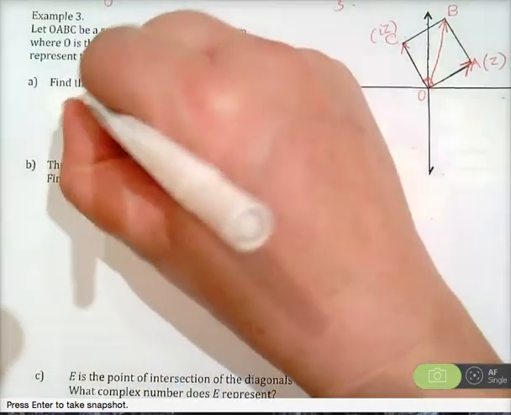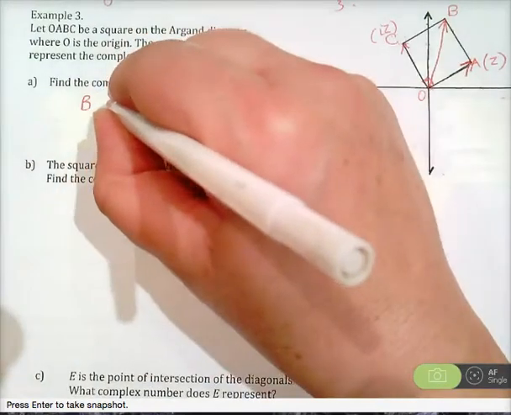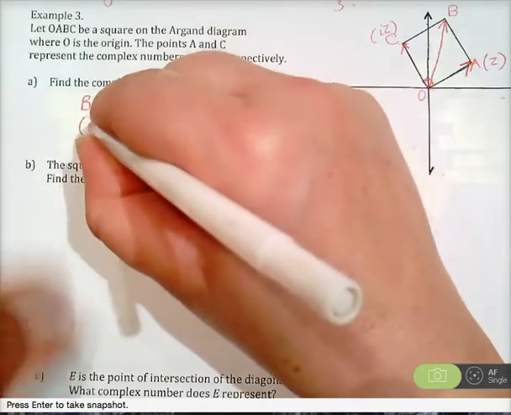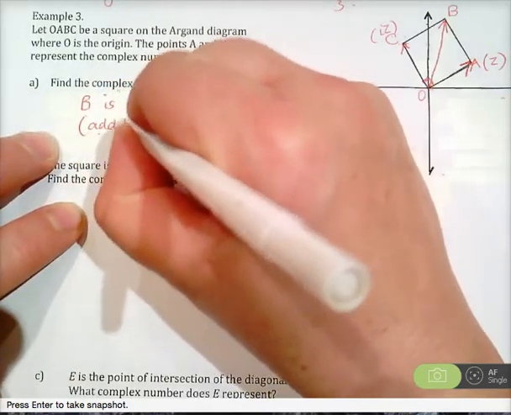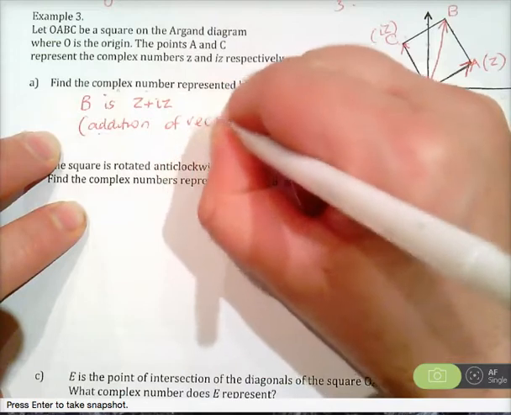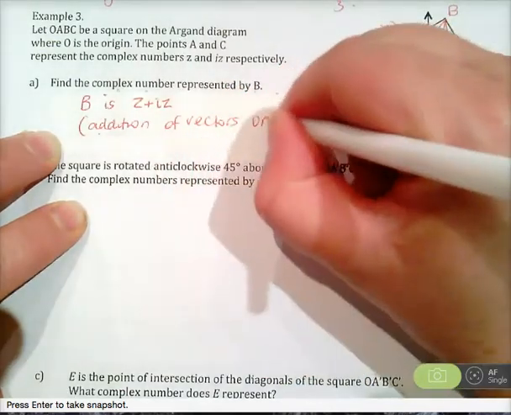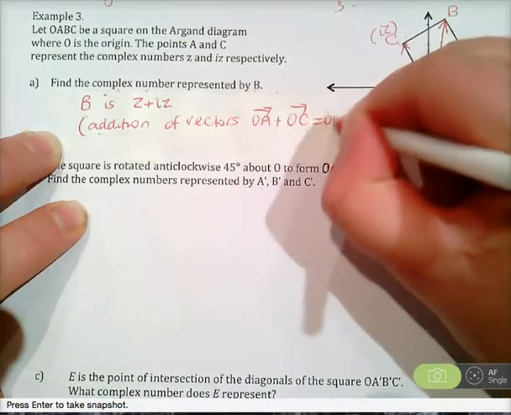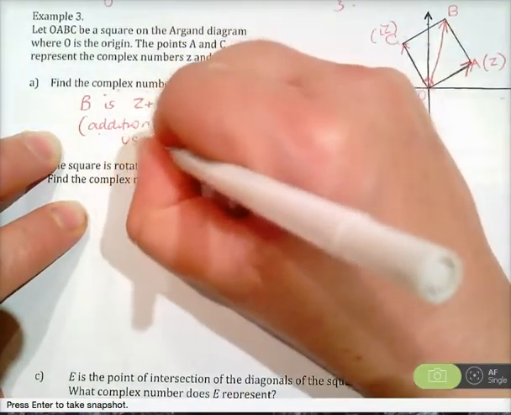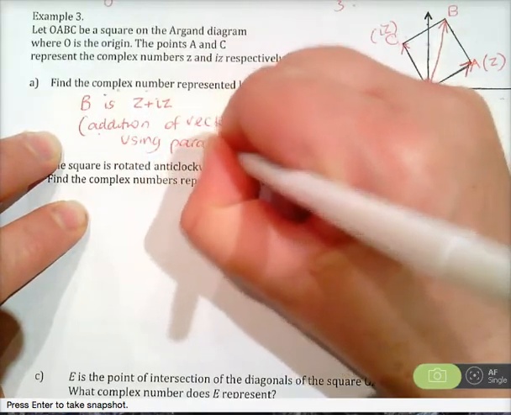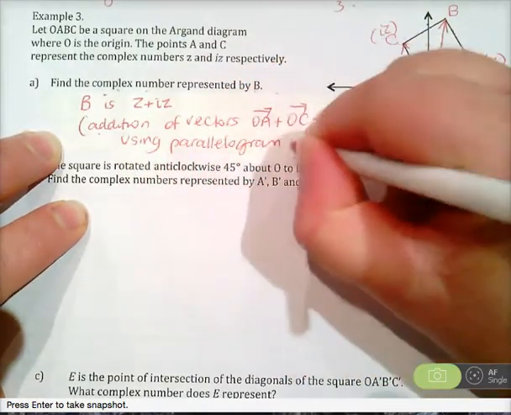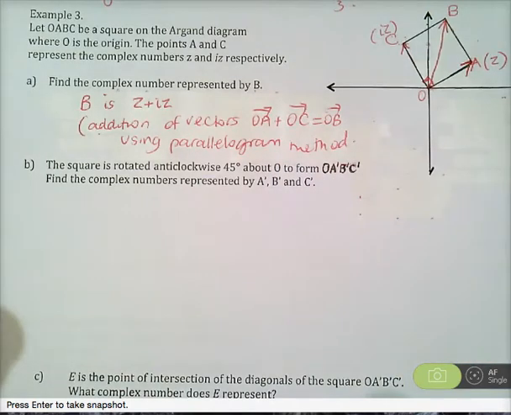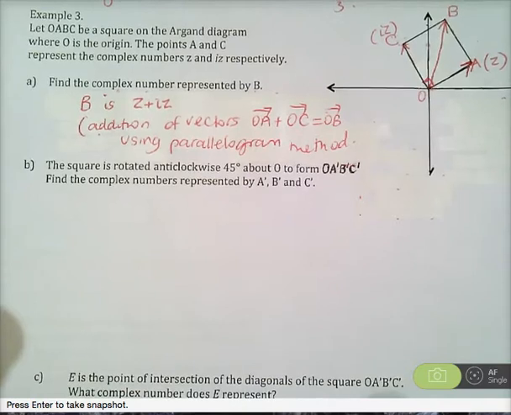So B, the complex number represented by B, is Z plus iZ, because of the addition of the vectors OA plus OC, which is equal to OB using the parallelogram method. Therefore the complex number represented by B is Z plus iZ.